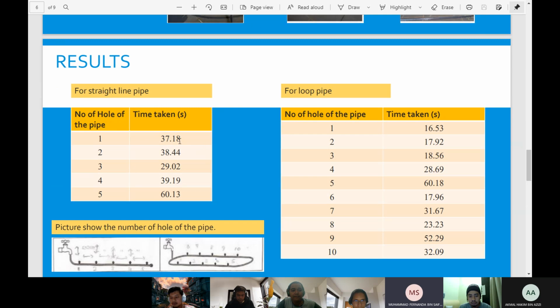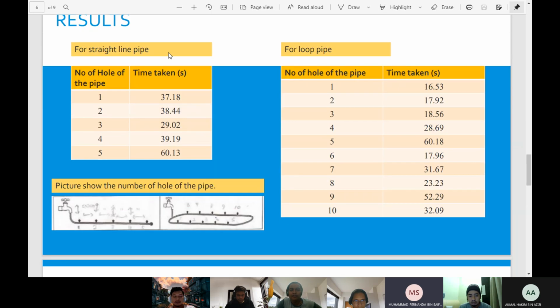Okay, the result is for the straight line pipe, the number of holes in each pipe is recorded. The time taken to complete the 200 ml cup for each hole is 37, 38, 29, 39 and 60.13.